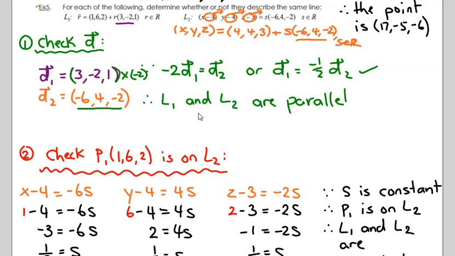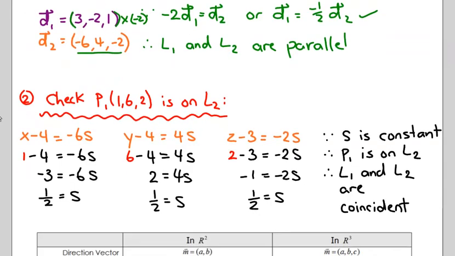Now to see if they're separate parallel lines versus on top of each other, let's see if this position vector exists on this line. Because if it does, then they must be touching each other, which means they're not separate parallel lines.